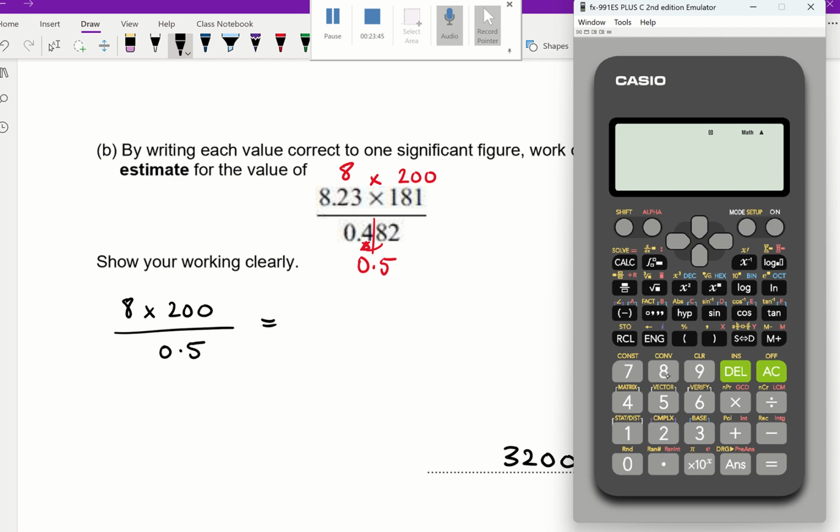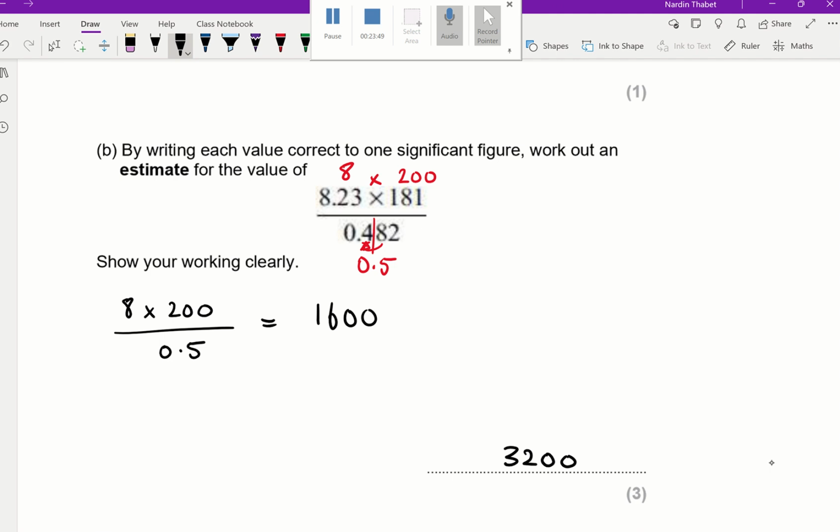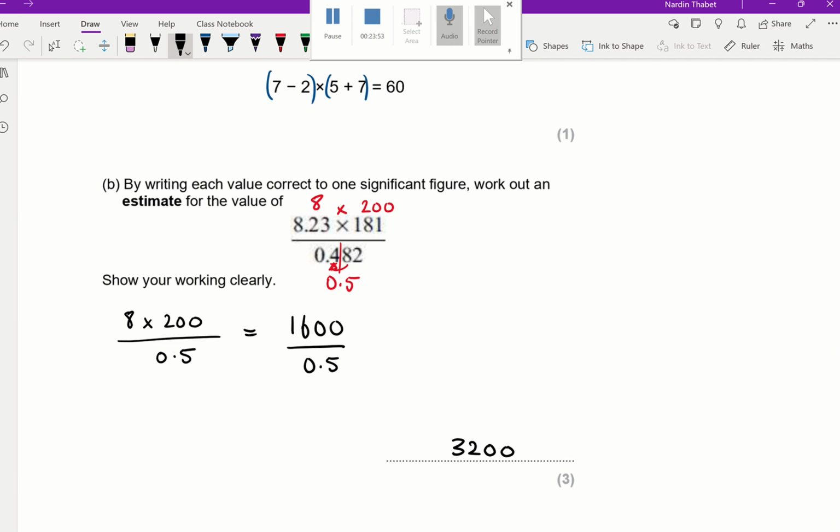So 8 times 200, you might want to put that separately. So I've rounded to one significant figure, and then I've put it in my calculator and I've got the final answer. You may want to do that. It's not necessary to get all the marks, because you get marks for rounding.